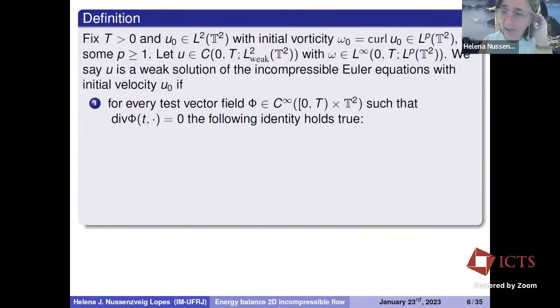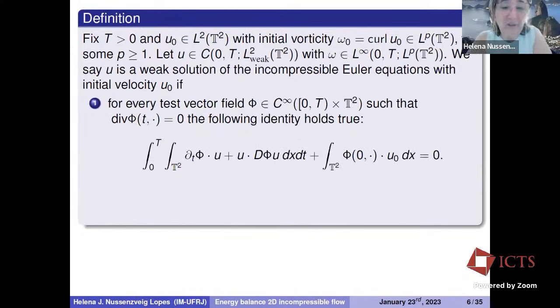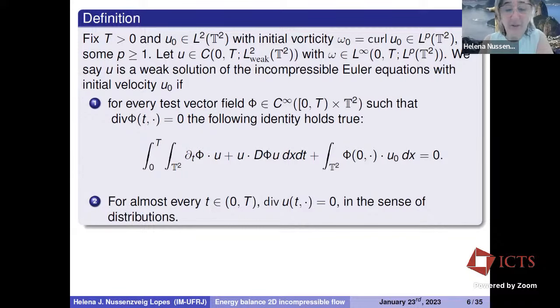If the following identity is satisfied for every test vector field, which is smooth in time and on the torus, and such that the divergence of phi is 0. I forgot to mention it has to be compactly supported in time, so it's 0 at the finite time horizon capital T. This is what you get if you take the inner product of the Euler equations with phi and shove all of the derivatives onto phi. Additionally, for almost every time, the divergence-free condition is satisfied in the sense of distributions.